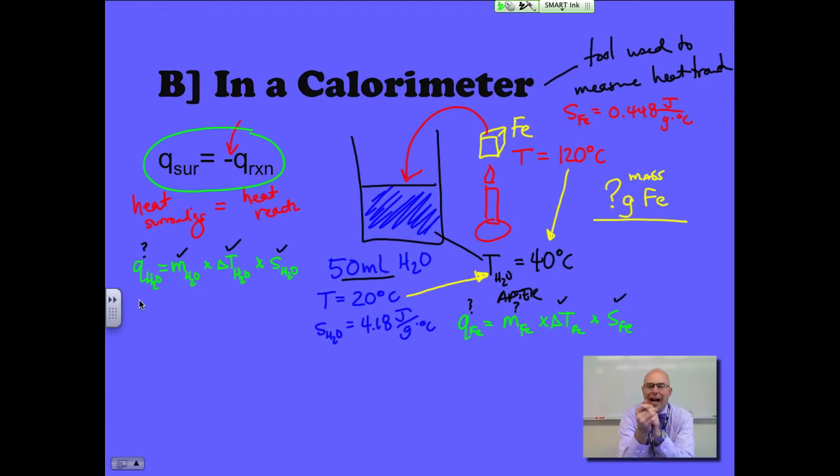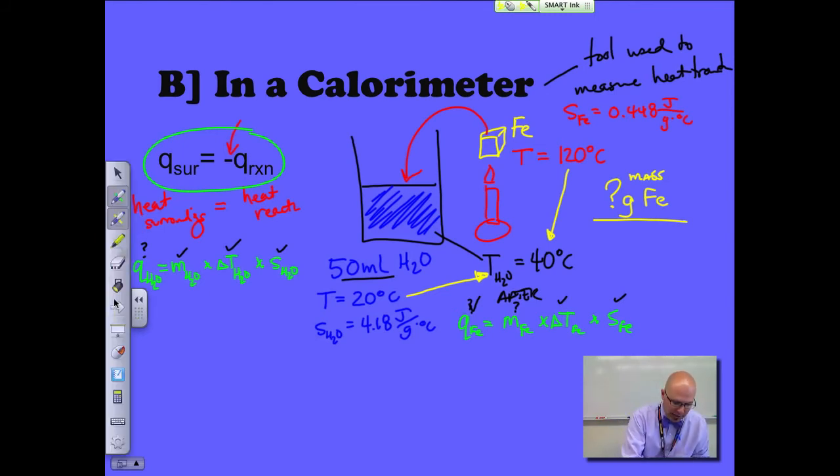So notice that the iron Q and mass has two variables that are unknown, whereas the Q of the water has only one. So if we calculate for the Q of water and know that whatever the water got was what the iron gave, then we'd know the Q of the iron, and then we'd have an ability to solve for the mass of the iron. So let's go ahead and do that.